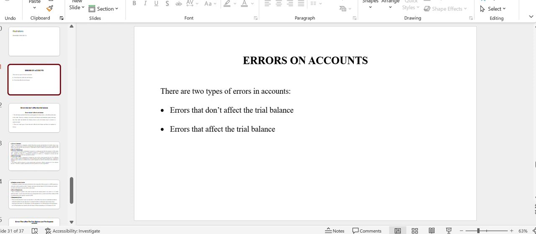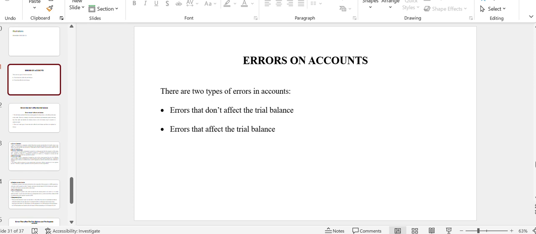But sometimes you can prepare a trial balance and it balances, but still you have committed an error without knowing. And we are going to see these types of errors. The trial balance balances, but you have committed some errors all the same.